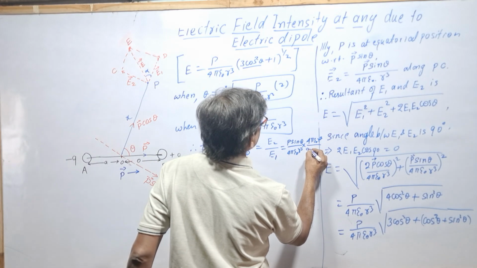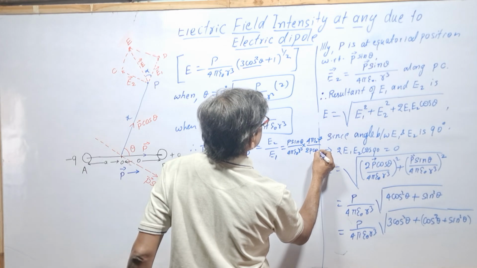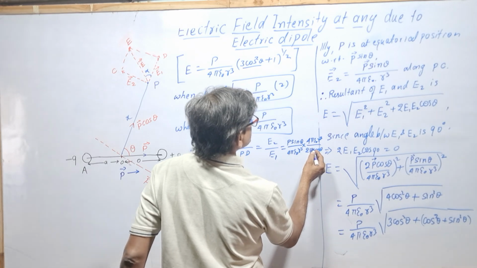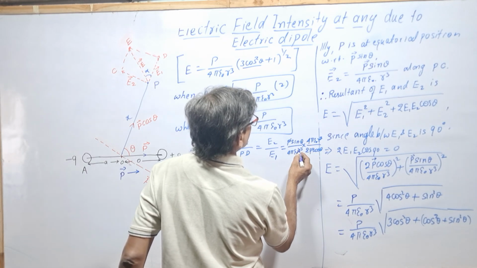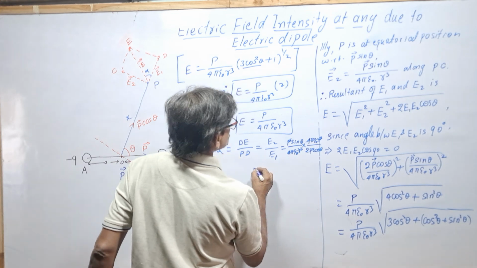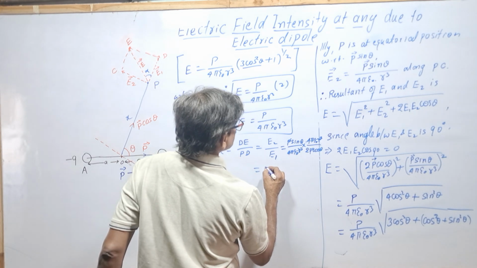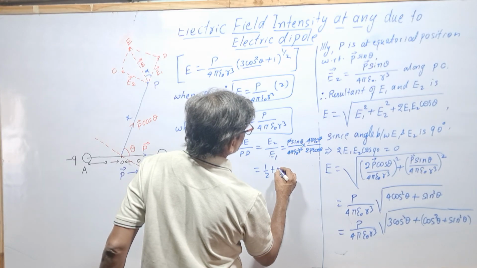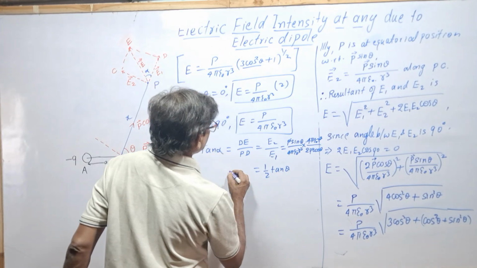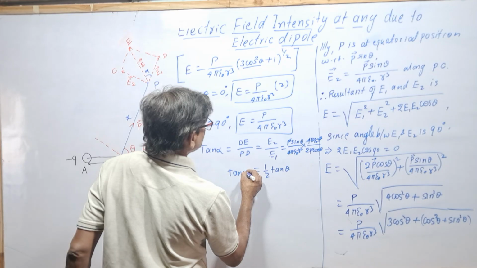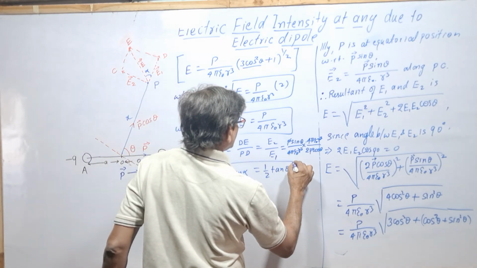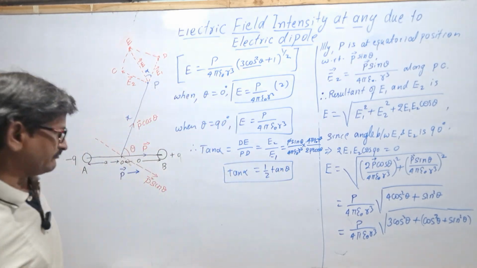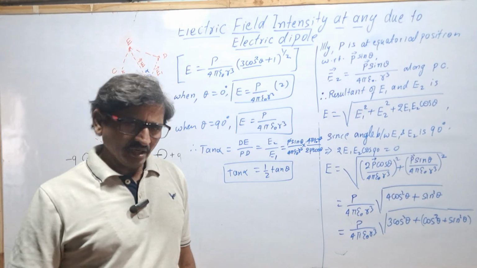The common terms cancel, so only 1 by 2 sin theta by cos theta remains, which is 1 by 2 tan theta. That is the relation between theta and alpha.